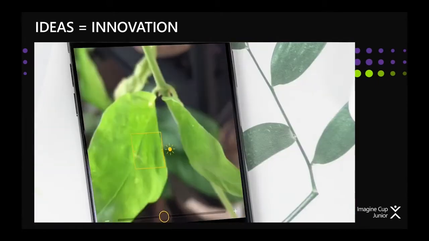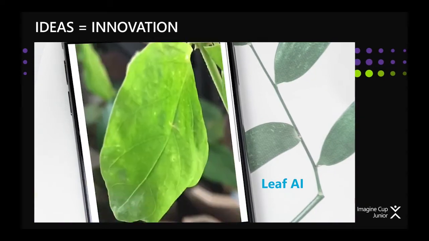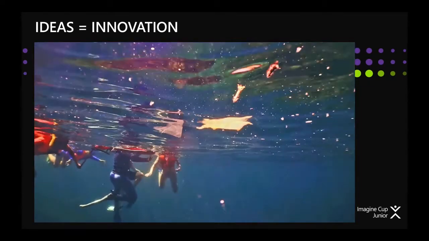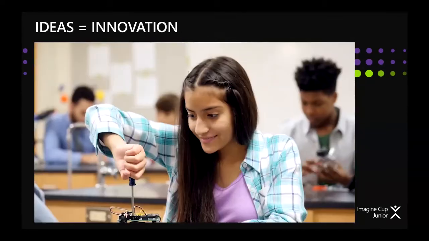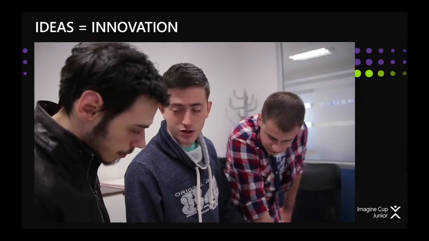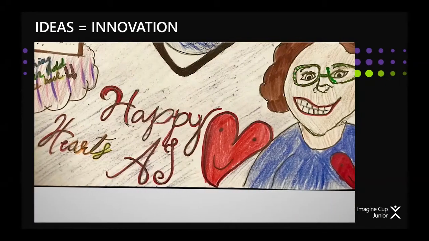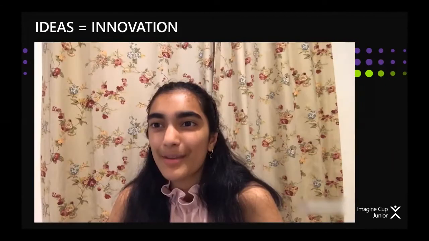Leaf AI is an automatic plant disease detection tool that can identify plant diseases with a simple smartphone. To create change for the better. Challenges like this allow people like myself to be able to bring our solutions to life. I seize the opportunity and hope that others will use artificial intelligence to make this world a better place.